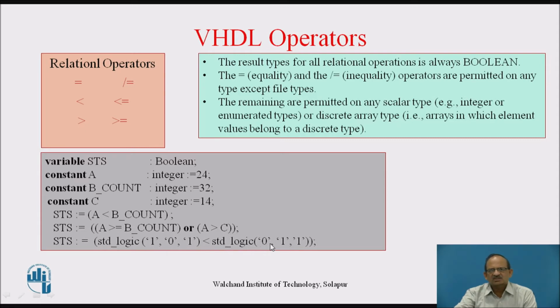Here you have STD logic 0, 1, 1. In this case, the comparison will be done. The first value here will be compared with the first. As this is greater than this, the condition is false. Therefore, the value assigned to the STS variable will be false. So this is how you can use these relational operators.